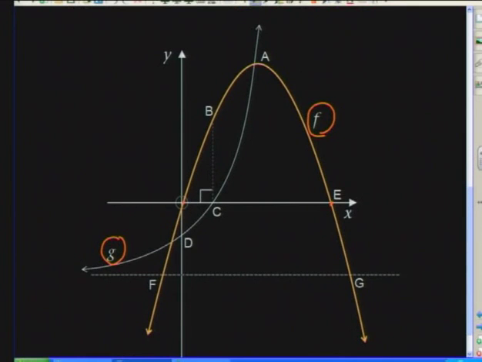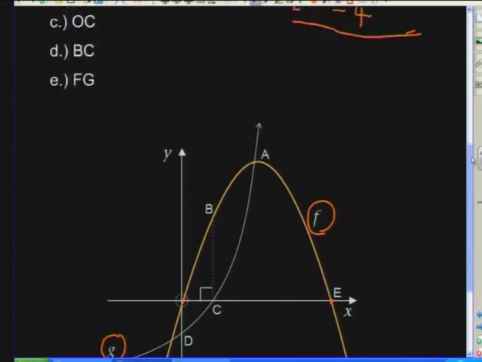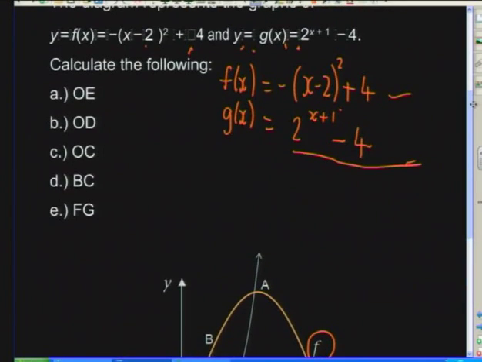Before we look at that question, remember, let's just analyze what we've been given. You've got the function, the parabola, minus x minus 2 squared plus 4. Hopefully you guys realize, and I mean, it's good to have an understanding of what you're looking at. If we've got a negative graph, a negative a value, we're going to have a sad graph, okay?